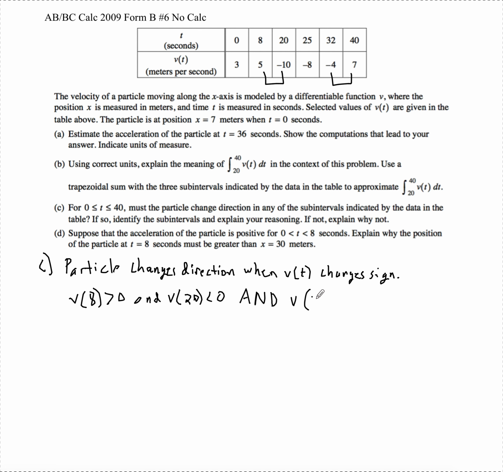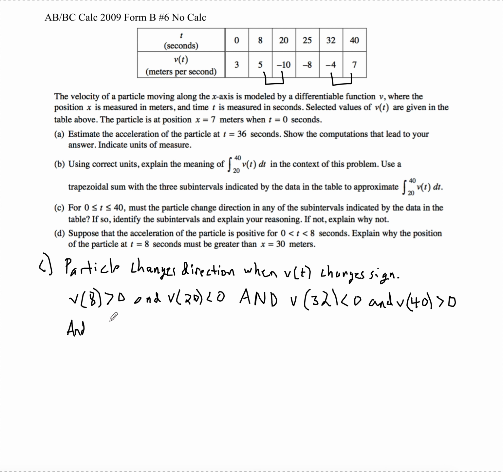V of 32 was negative, and v of 40 is positive. Right, I know those things.